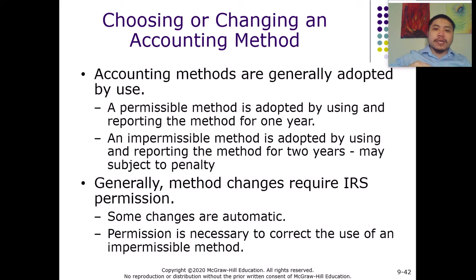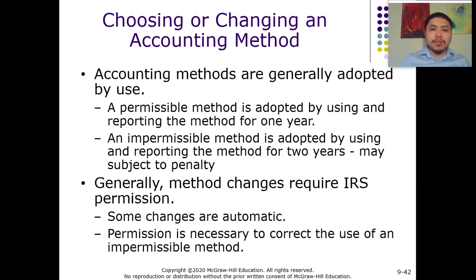For an impermissible method, being deemed adopted means the IRS can assume that the company chose to follow such a method if the method is applied in the business for 2 years or more, right?